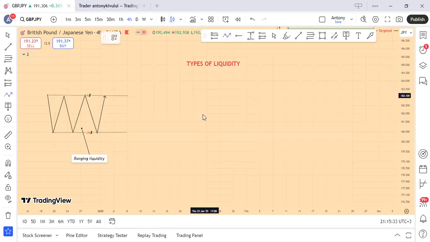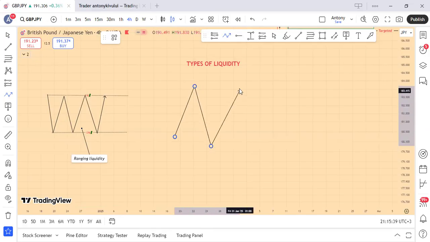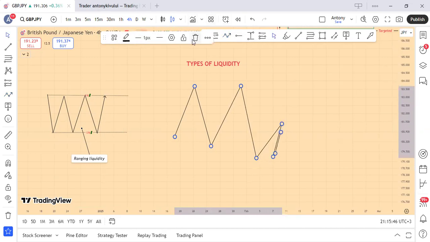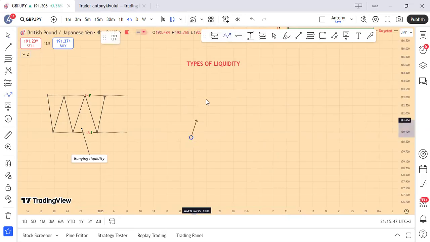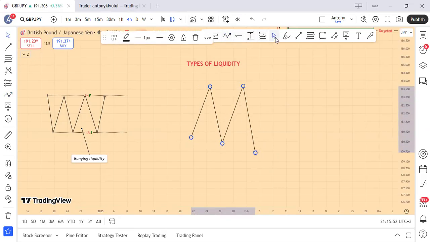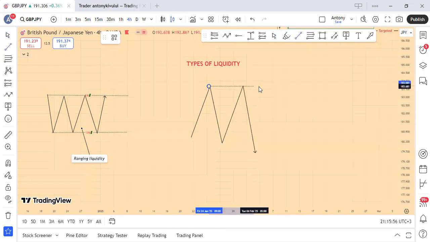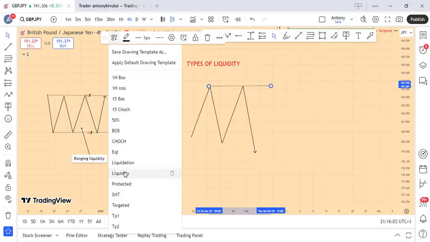Another liquidity is what we call the equal highs. Sorry, let me delete this one and draw again. We have that. This is what we call liquidity.